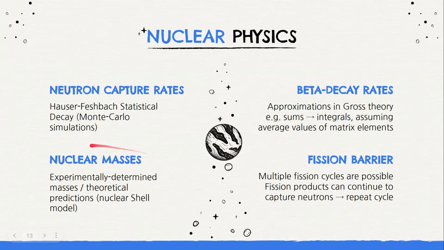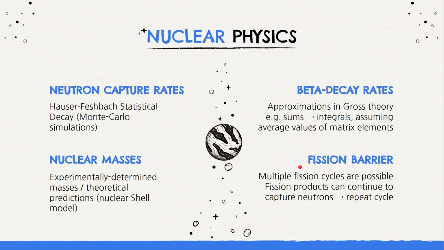Also, nuclear masses: if there are experimentally determined masses, they're preferred. Otherwise, we have to use theoretical predictions using the nuclear shell model. And for the beta decay rates, using gross theory and some approximations such as replacing sums with integrals and assuming average values of matrix elements, we can determine the beta decay rates.